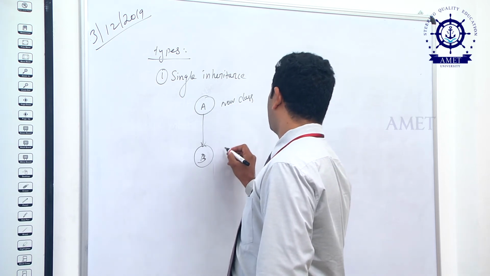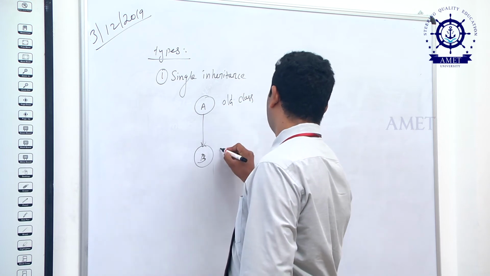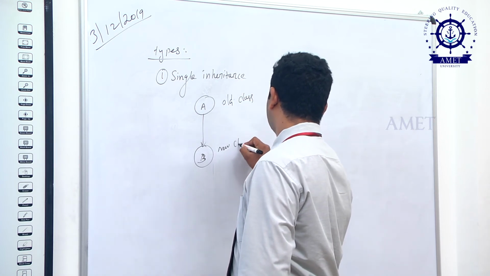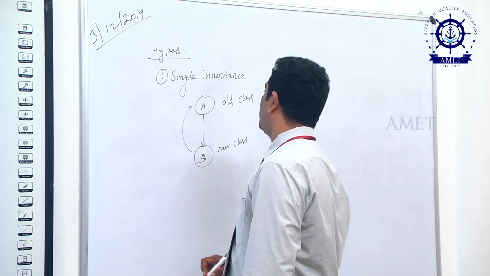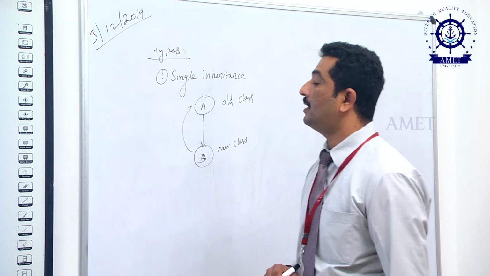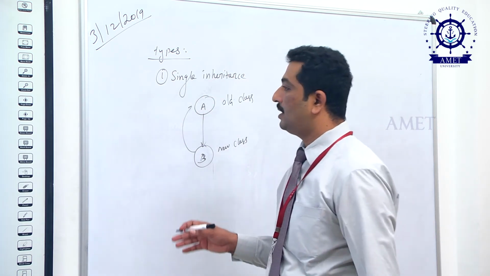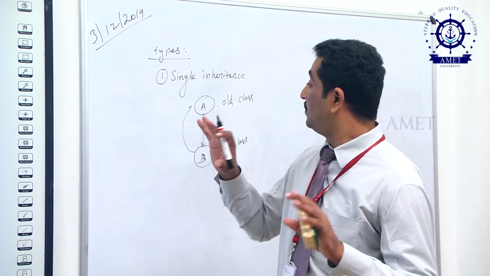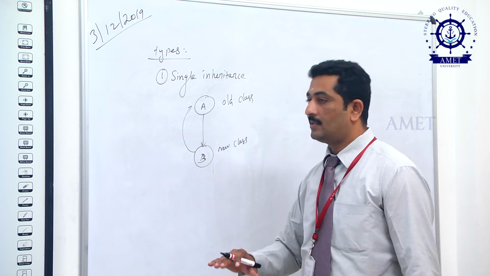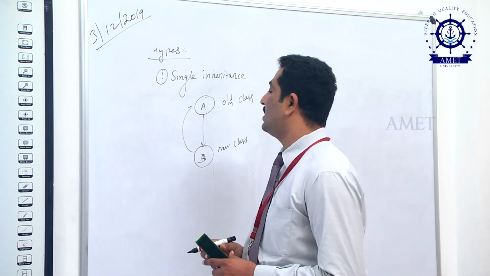The new class accesses some properties from the existing class, and that concept is called single inheritance. For example, we write two classes, and the second class accesses the property from the old class. That is called single inheritance.